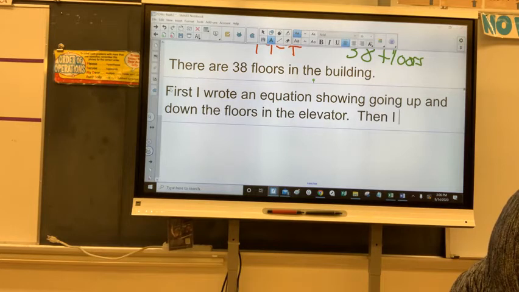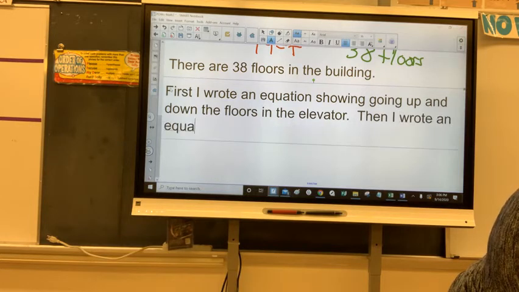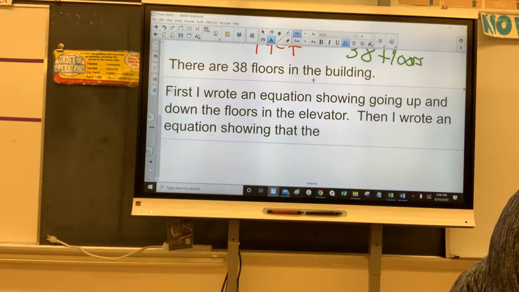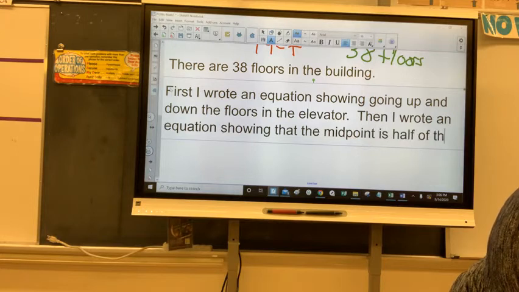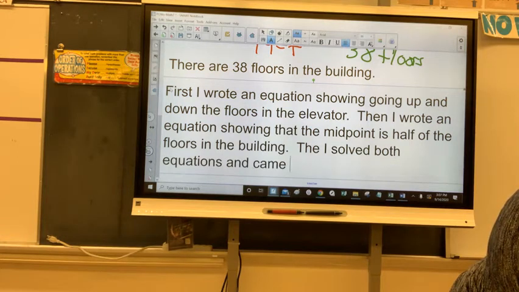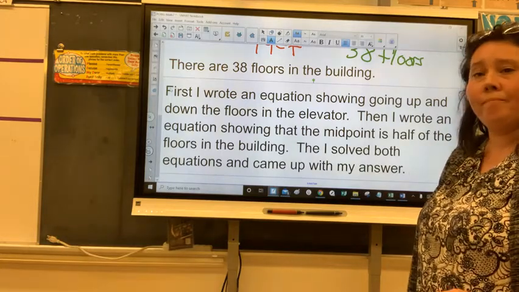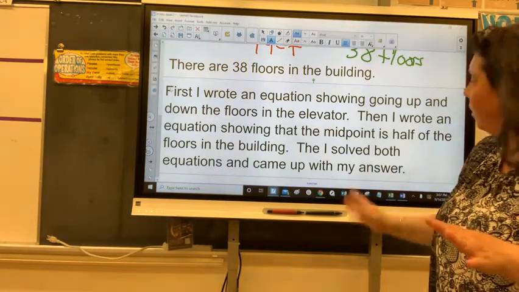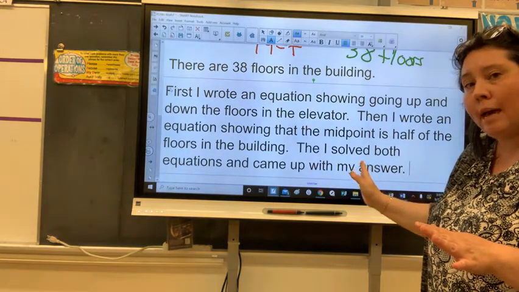Then I wrote an equation showing that the midpoint is half of the floors in the building. Then I solved both equations and came up with my answer. Okay? So that is a valid explanation as to what steps you took.